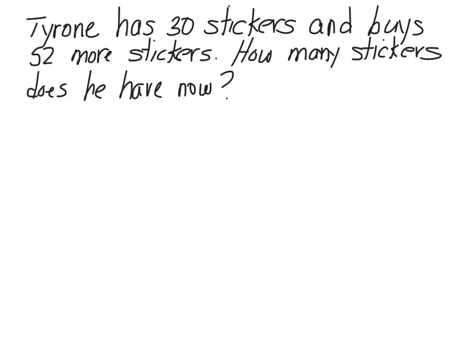Tyrone has 30 stickers and buys 52 more stickers. How many stickers does he have now? As always, let's figure out exactly what this word problem is asking us to solve. Let's look for that question mark at the beginning of that question.